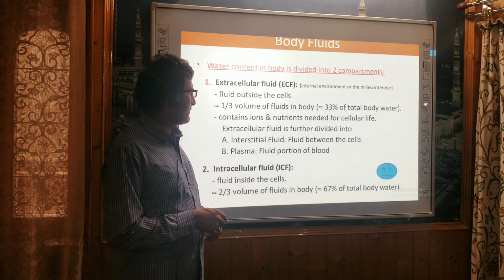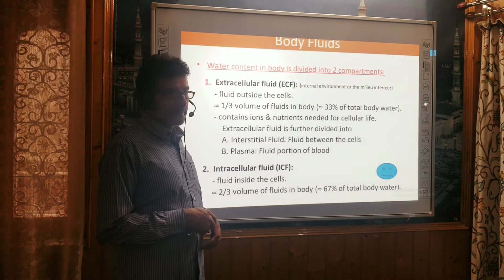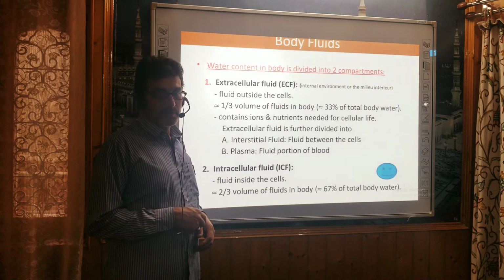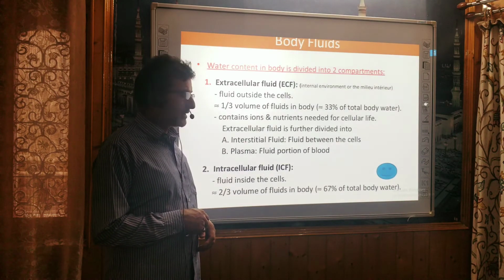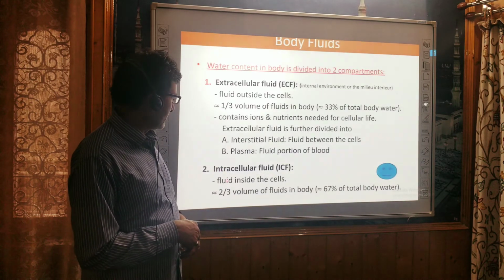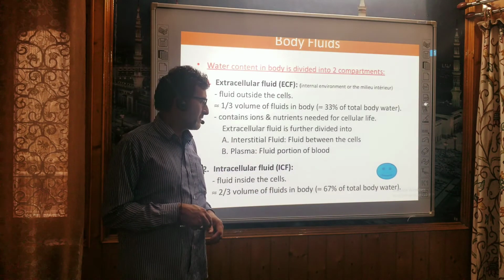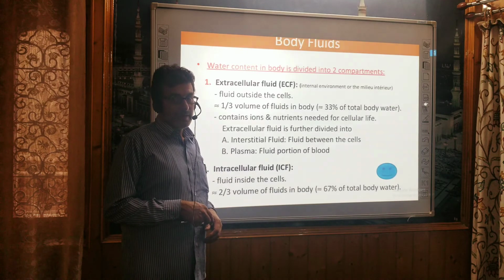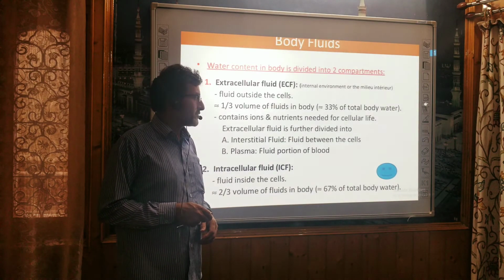Extracellular fluid is further divided into interstitial fluid, the fluid between the cells, and plasma, the fluid portion of blood. Plasma is the main component of the blood, which contains proteins, minerals, water, etc. Intracellular fluid is inside the cells. This should be larger, 67% of the total body water. Otherwise, dehydration takes place and that causes serious damage to the kidneys.